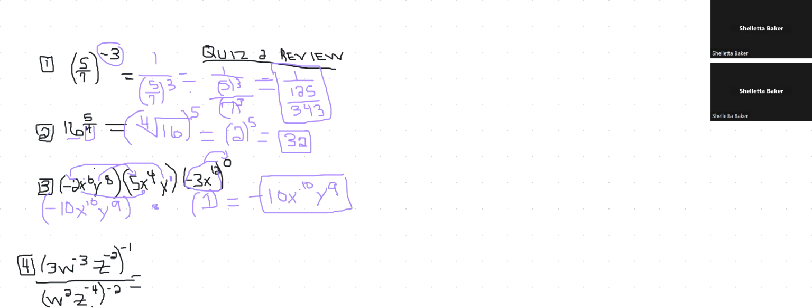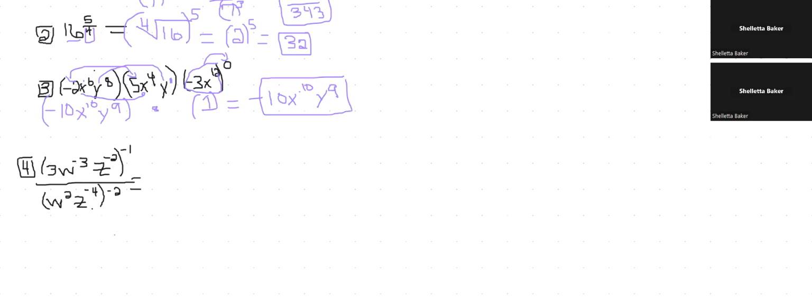For number 4, we have 3w to the -3rd power times z to the -2nd power. This entire expression is being raised to the power of -1. And in the denominator, w squared z to the -4th, this expression is being raised to the power of -2. So these negative exponents, we want to make them positive. I'm going to move the terms in the denominator to the numerator to make it positive. So that'll give me w squared z to the -4th power, all being raised to the 2nd power.